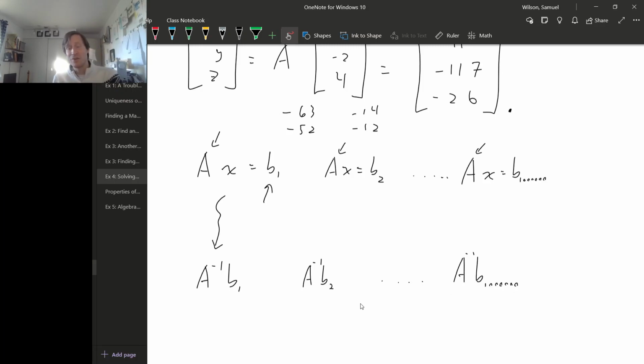You still have a lot of arithmetic to do to work out these matrix products, but that's a lot less work than solving each of these systems independently. So it's still a lot of work, but it's much, much less work than it would have been otherwise.